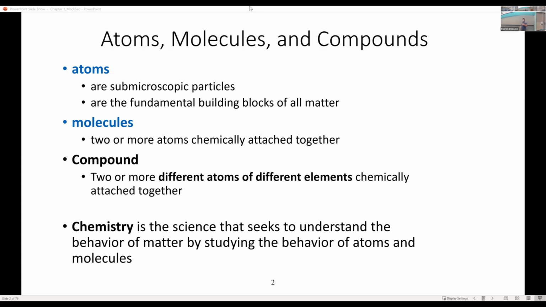So out of the ones that I mentioned before, I had O2, which is oxygen gas, and I had, let's say, H2O, which is water. They're all molecules, but which one of those is a compound? H2O or O2? H2O, exactly. Because it has two different elements, or two different types of atoms, that compose it. So these are important fundamental terms.